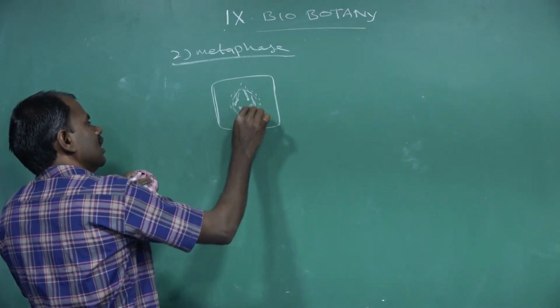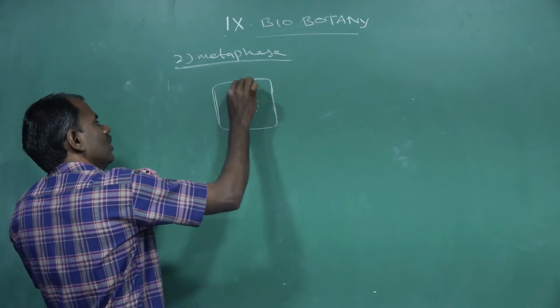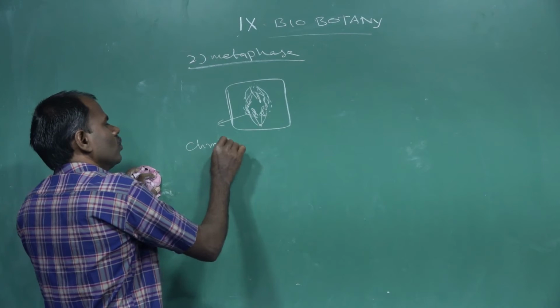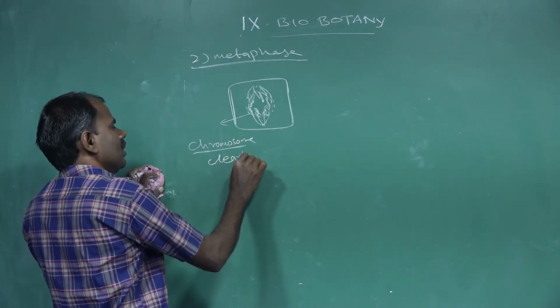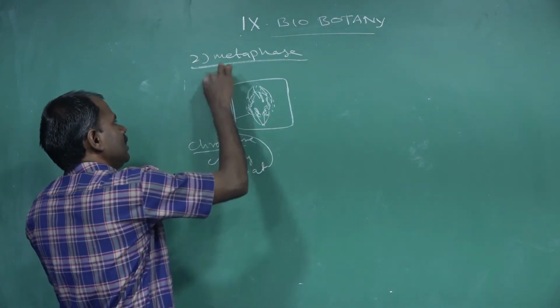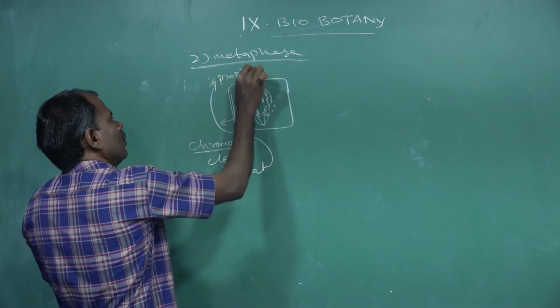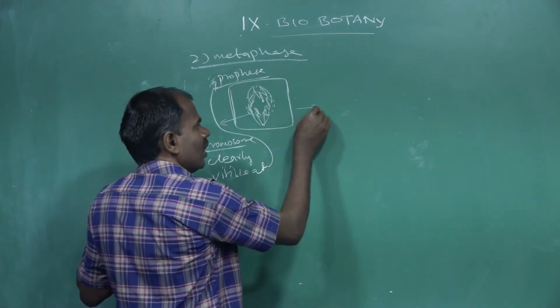The spindle fibers are assembled and attach to the chromosomes. The chromosomes are clearly visible at which stage? In prophase.